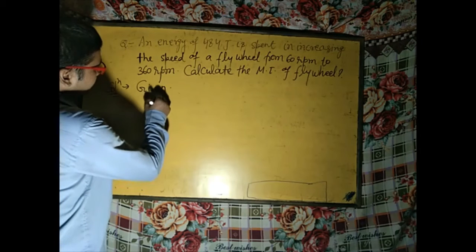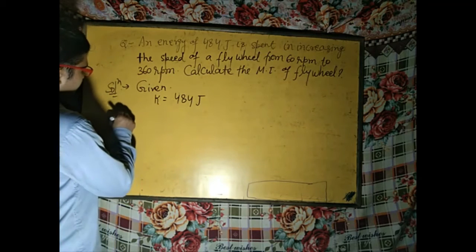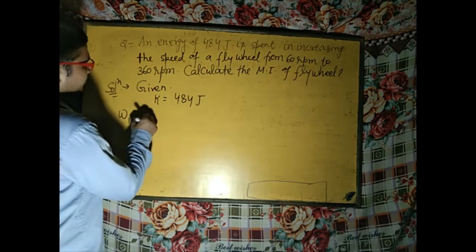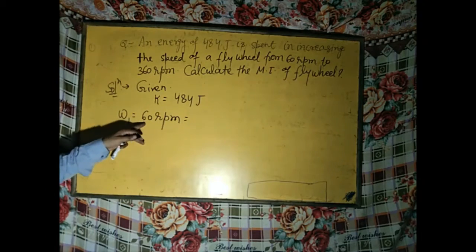the net energy, that is K is equal to 484 joules. The initial velocity omega 1 is equal to 60 rpm. So this one is not given in radian per second.